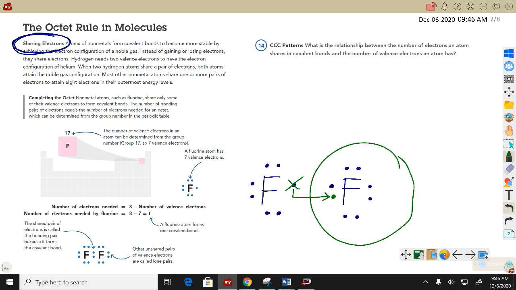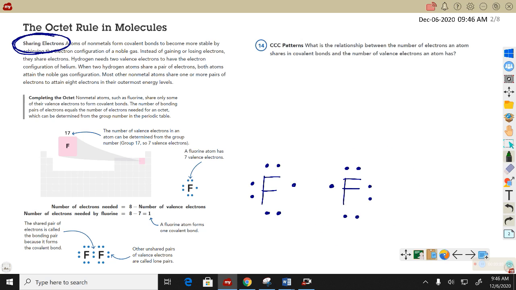He originally had 7 valence electrons, and now he's down to 6. He's going in the wrong direction. We're trying to get full octets. That's the whole point of bonding. But the ionic transfer is not going to give both atoms a full octet.